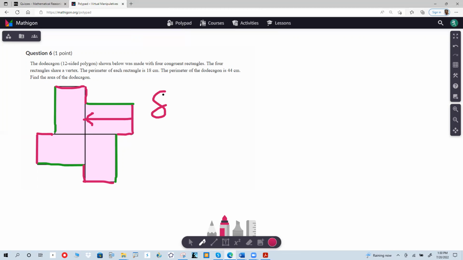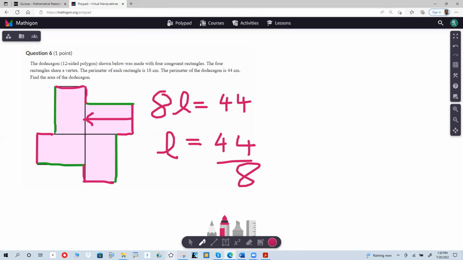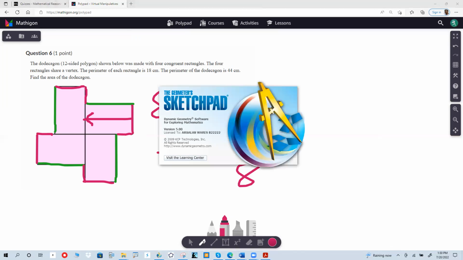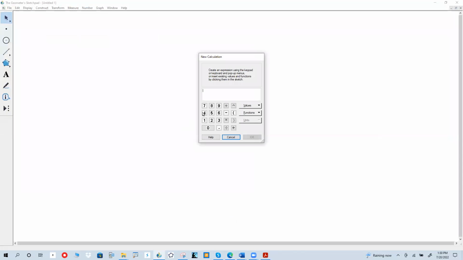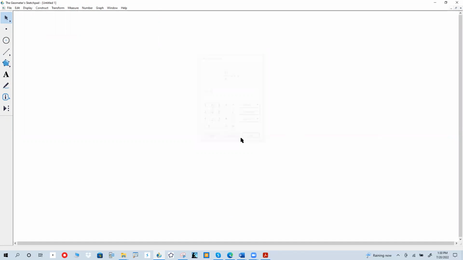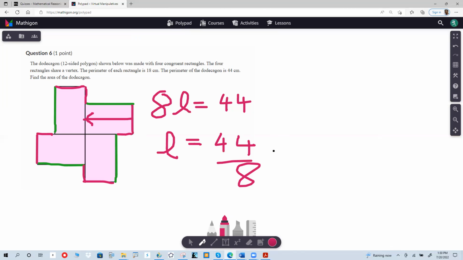So that's going to be 8 L's, and that better be equal to 44. So L is equal to 44 over 8. Just going to use my calculator. I'm getting 5.5, as expected. So this is 5.5.